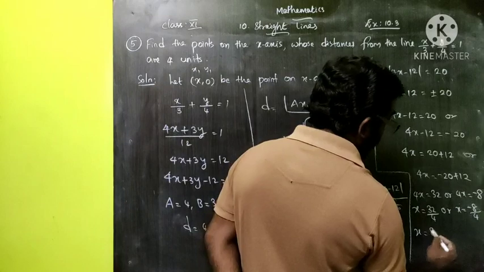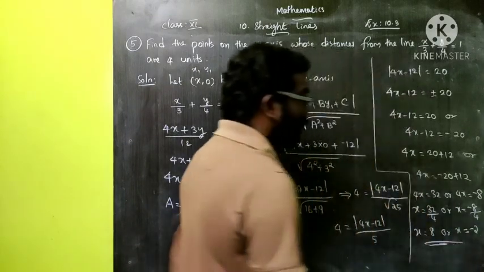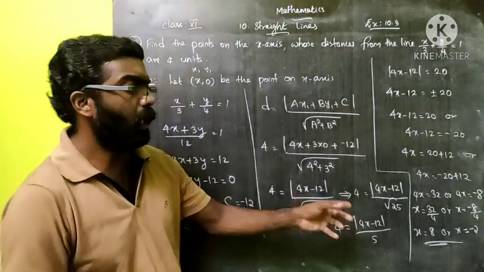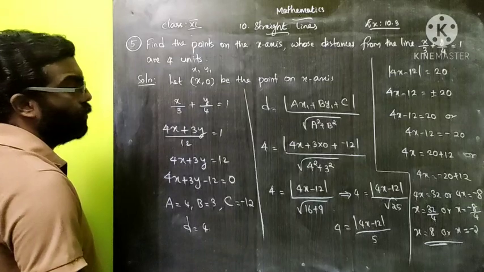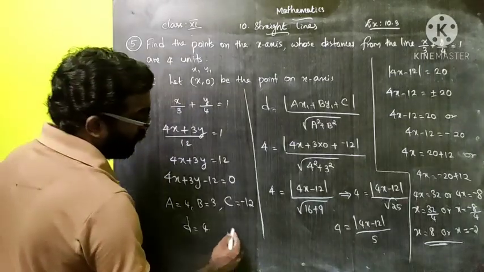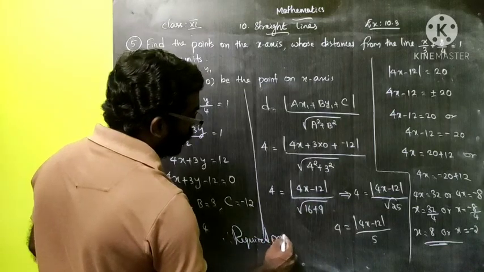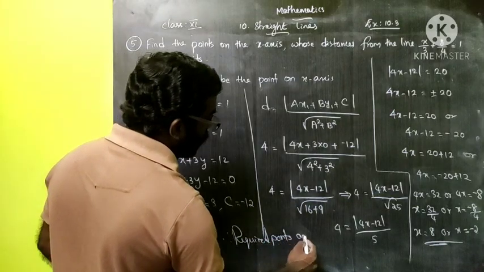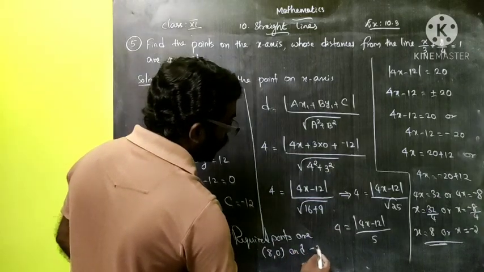That is x is equal to 8, or x equal to minus 2. So the values of x are 8 or minus 2. Therefore the required points, that means the points on x-axis, are 8, 0 and minus 2, 0.